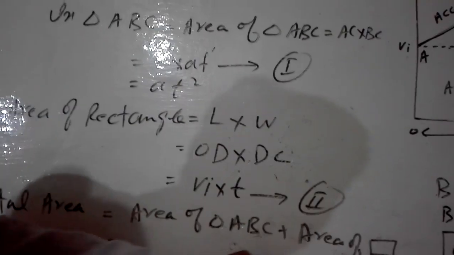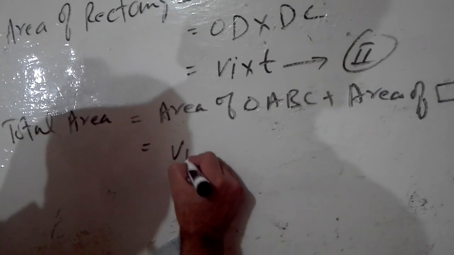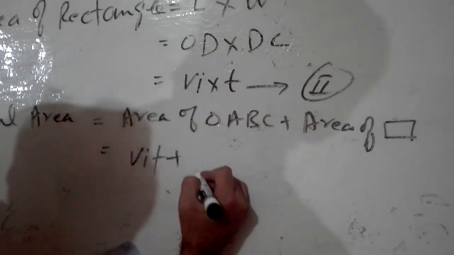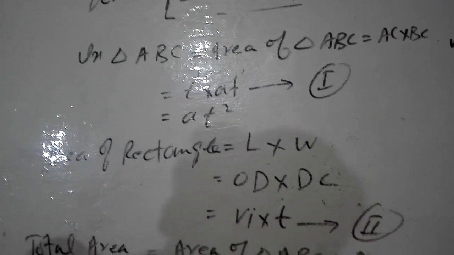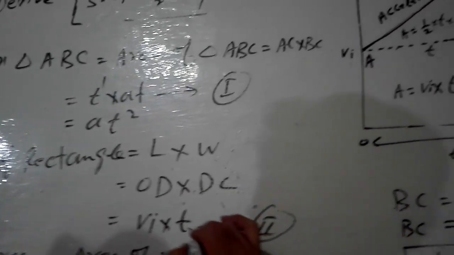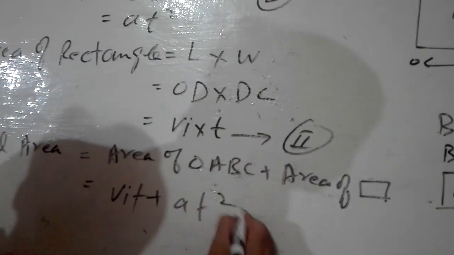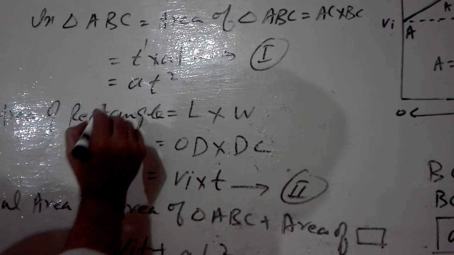So in the equation, look at how it is written first. It means you have to write the area of rectangle first. So first write the area of rectangle, VIT, plus the area of triangle, that is AT square. Where is the half then? Here we have skipped some term. The area of triangle is 1 by 2 base into height.